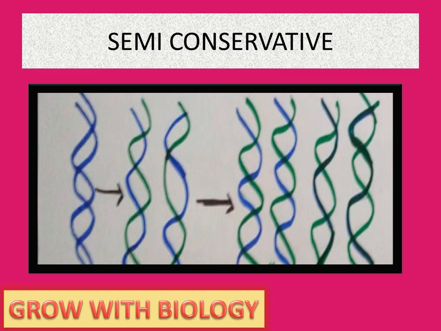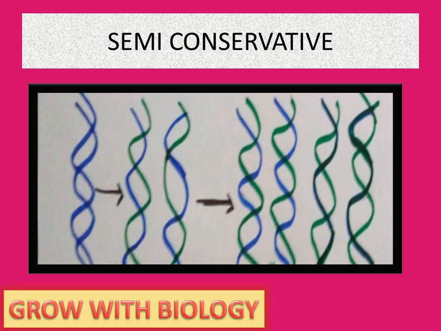Now when we talk about semi-conservative, the parental strand is blue in color. In the first generation, the green one is the complementary strand which is formed and joined to the parental strand. So in semi-conservative, after replication, we find that one is parental DNA, another is newly synthesized DNA.